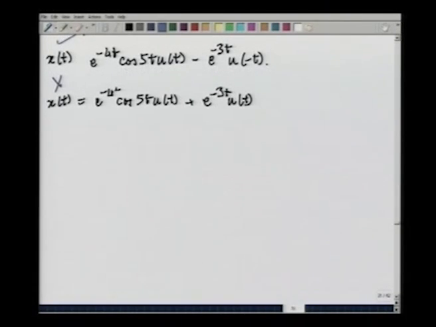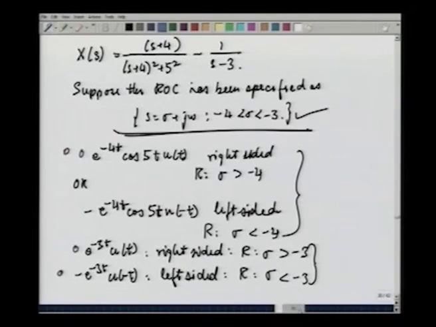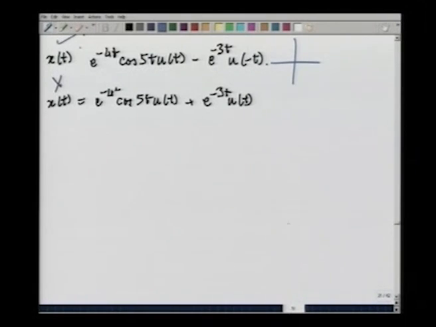So, for this case, what we do is we make ROCs for the first term. The ROC for the first term is sigma greater than minus 4, so this is minus 4, and you have an ROC like this going all the way, of course.